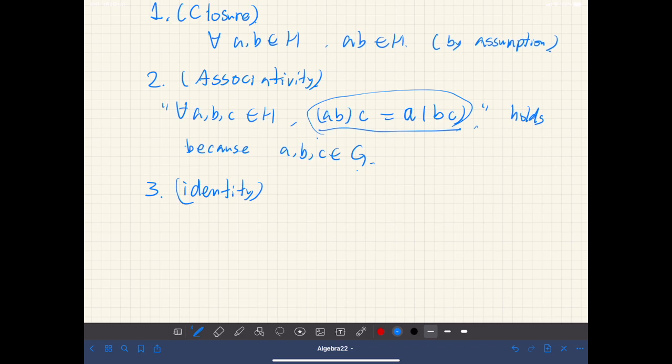The definition of identity element is that, suppose A is in H, E times A is equal to A. So there is an element such that if we multiply that element to any element, that element remains intact. So that's the behavior of the identity element. So we want to find such an element in H.